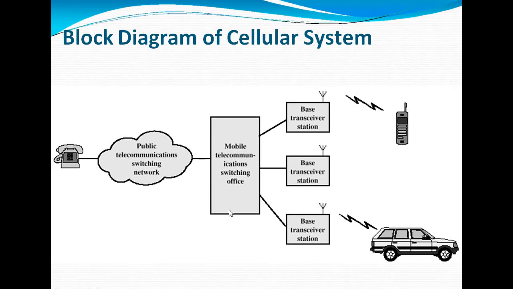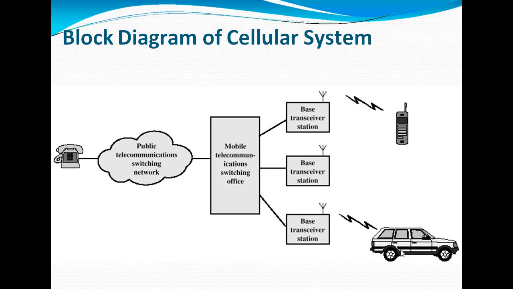So here is the block diagram of a cellular system, which is related with PSTN, that is the public switched telephone network, which is connected to our mobile telecommunication switching office, which sends the signals to the base stations, and these base stations further send the signals to the mobile, or you can say to a car in which you follow up the radio.